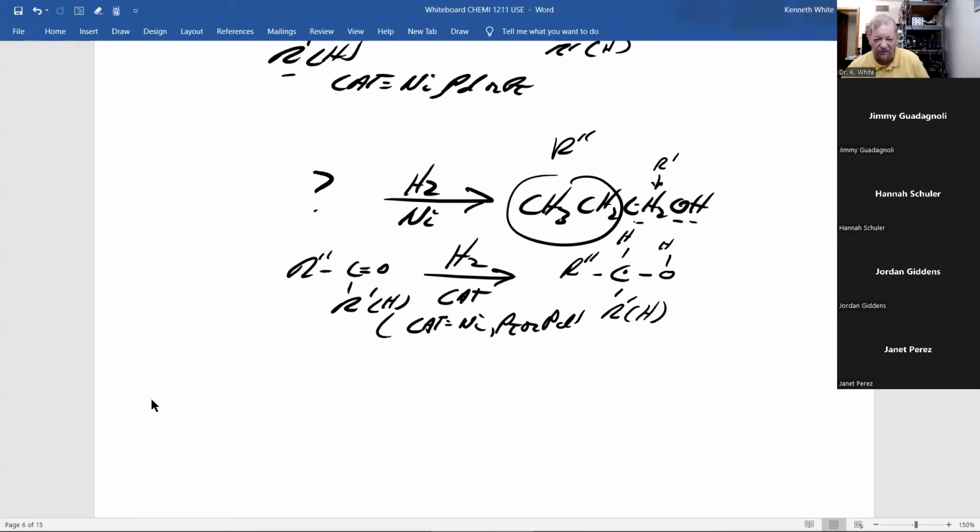We better start with 3 carbons. 1, 2, 3. The carbon with the hydroxyl group is the carbon double bonded to oxygen. And on that carbon, our R prime is the hydrogen. And our R double prime are these 2 carbons. And that's how you do it.